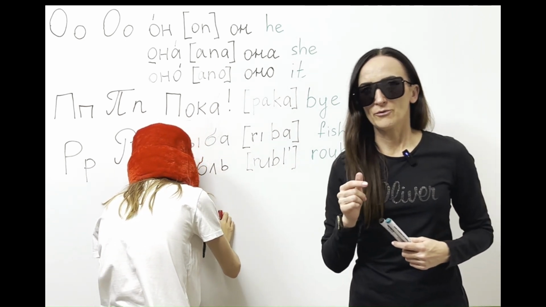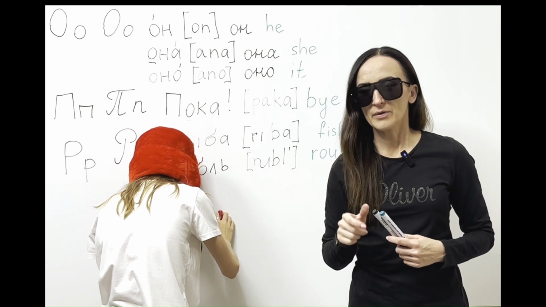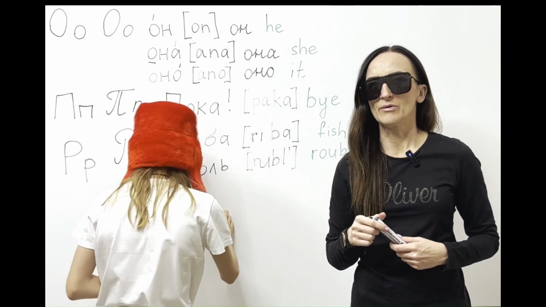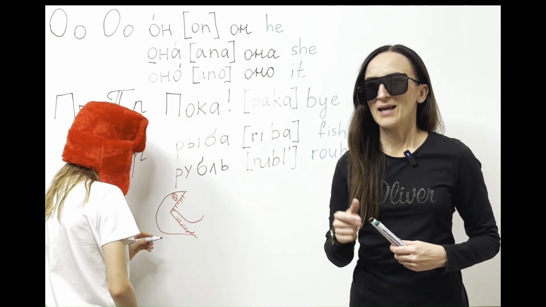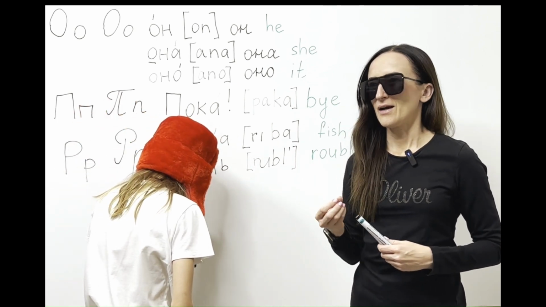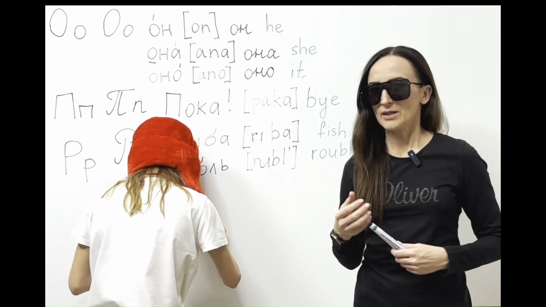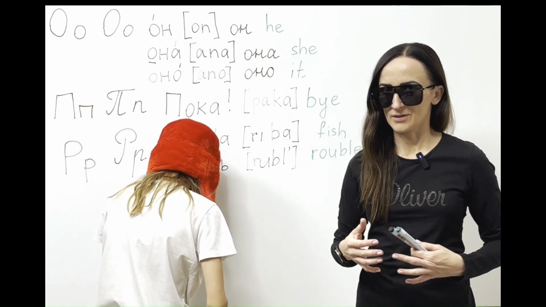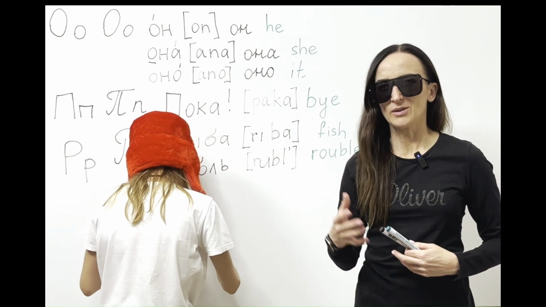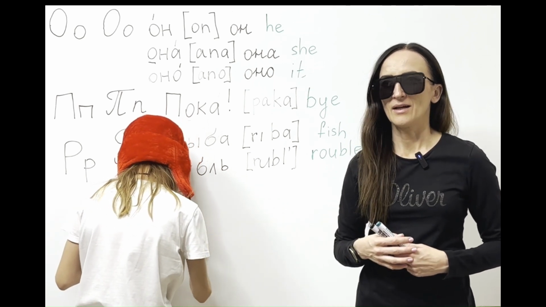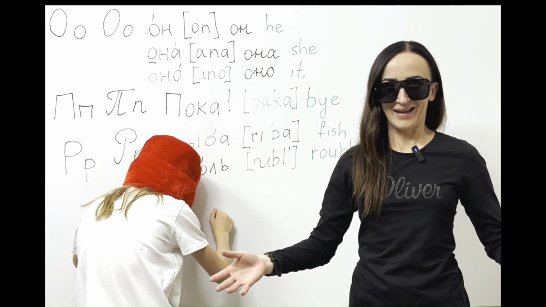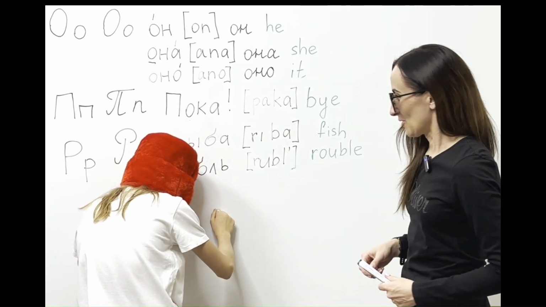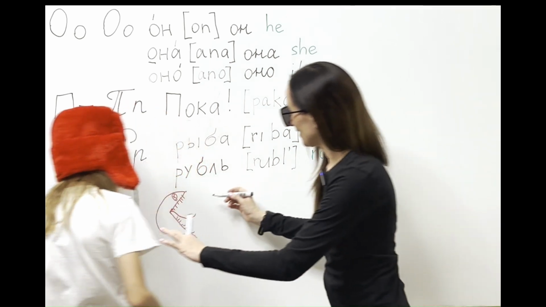You put the tip of your tongue on that bump and you try to breathe out. And pretty soon, if you do it with some tension, you will get this sound.